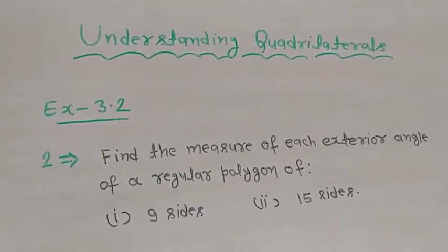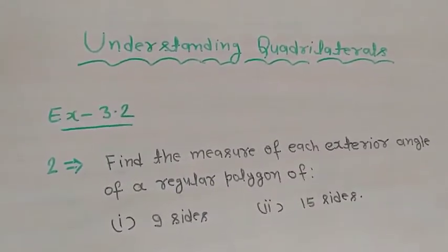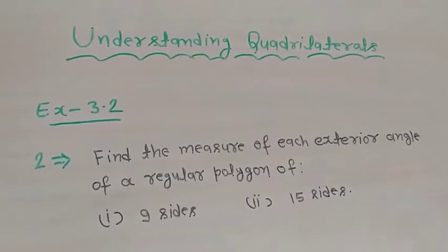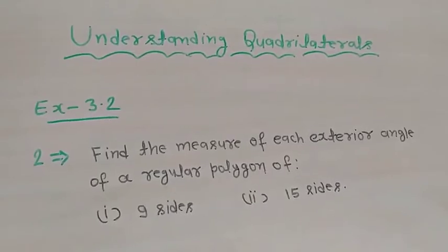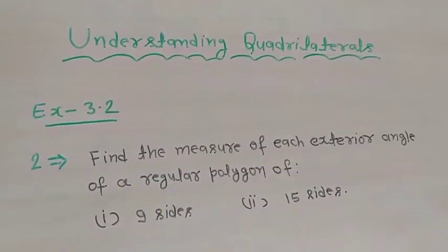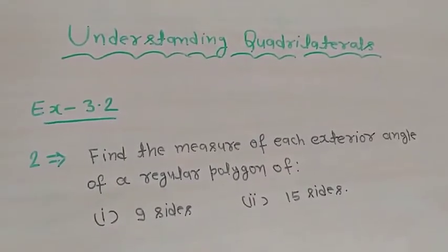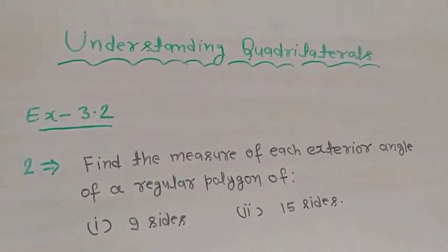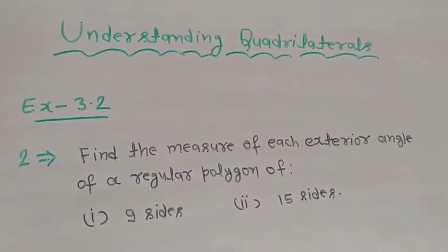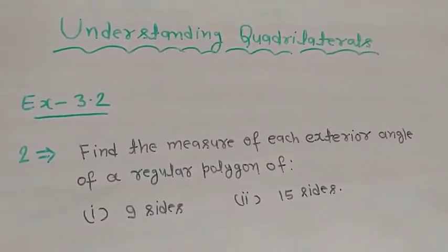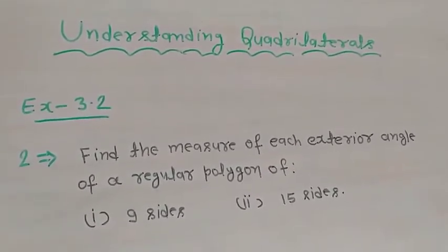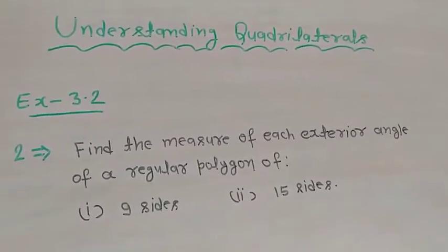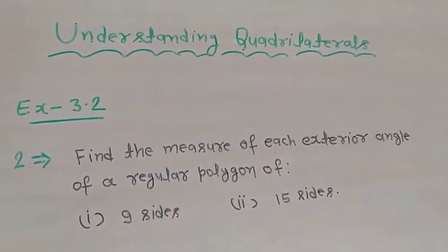Okay, so we find the exterior angle of a regular polygon. So exterior angle is equal to 360 degree by number of sides. Okay, so here number of sides is 9 and 15. If we divide 360 degree by 9, we obtain the exterior angle.